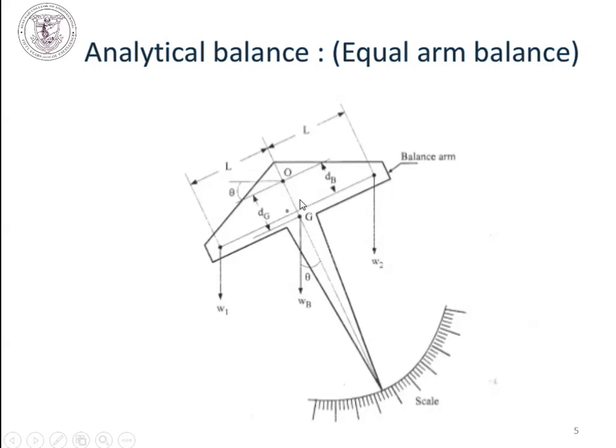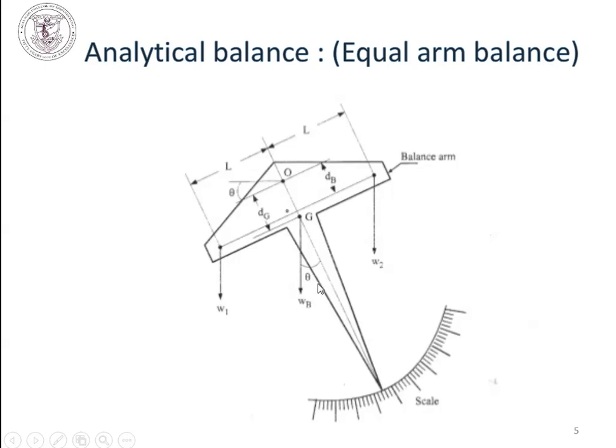The balance arm rotates about the point O. At both ends we have W1 and W2 as two weights, where W1 is an unknown weight and W2 is a known weight, which we can also call a standard weight. This G is the center of gravity of the balance arm, and WB is the weight of the balance arm.